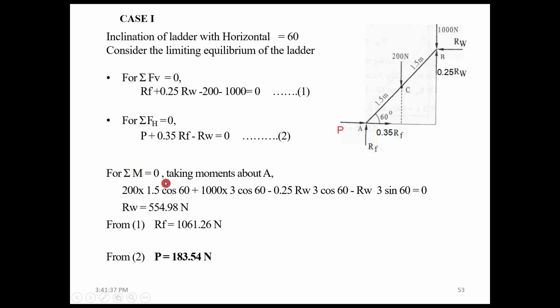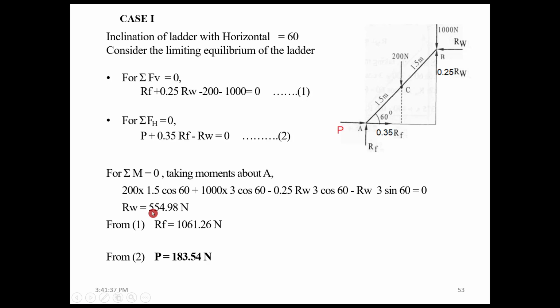Taking moment about A equal to 0, we have 200 into 1.5 cos 60, the moment of this load, 1000 into 3 cos 60, the moment of 1000, minus 0.25 into Rw into 3 cos 60, the force moment from this frictional force, and Rw into 3 sin 60 is equal to 0.